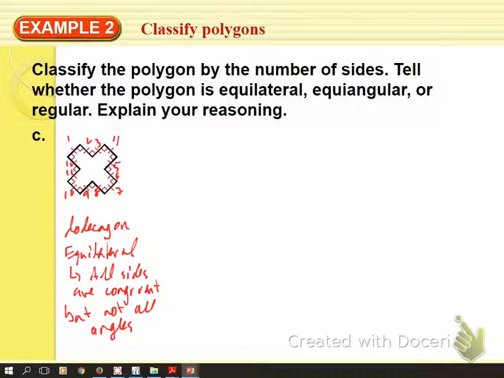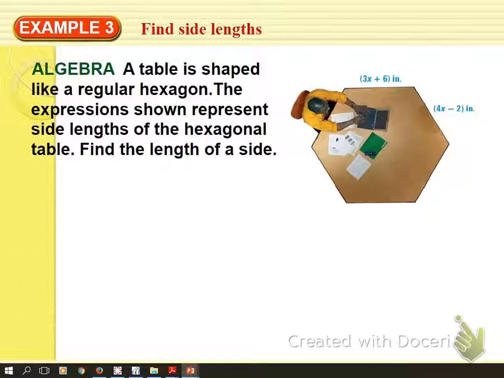So, there you go, how we're going to classify our polygons. Okay? Can use the idea of equilateral, equiangular, or regular. Here's another example here where we have a table that's shaped like a regular hexagon. Need to know what that means. The expressions shown represent side lengths of the hexagonal table. Find the length of a side.